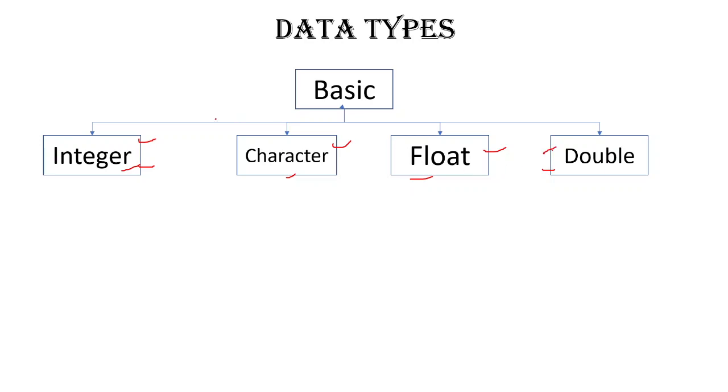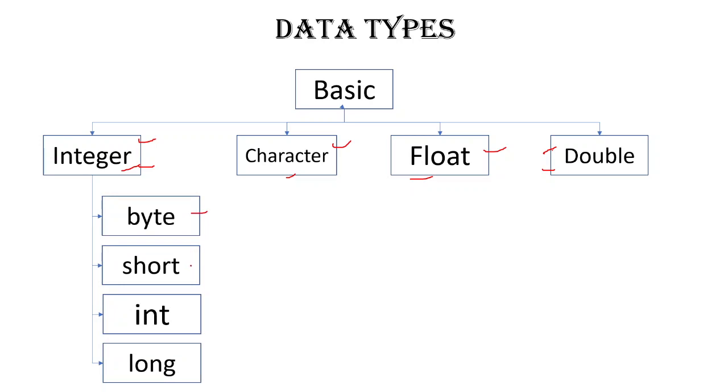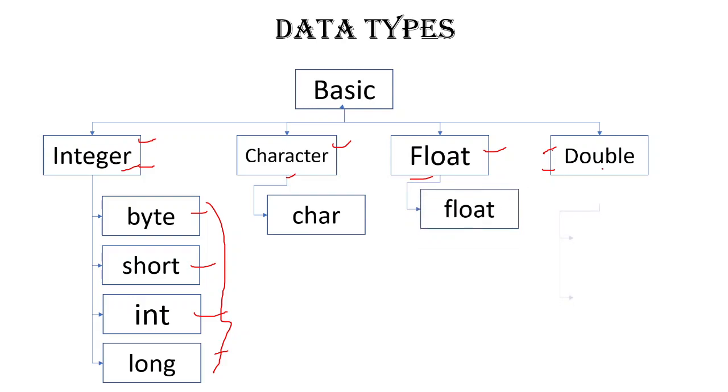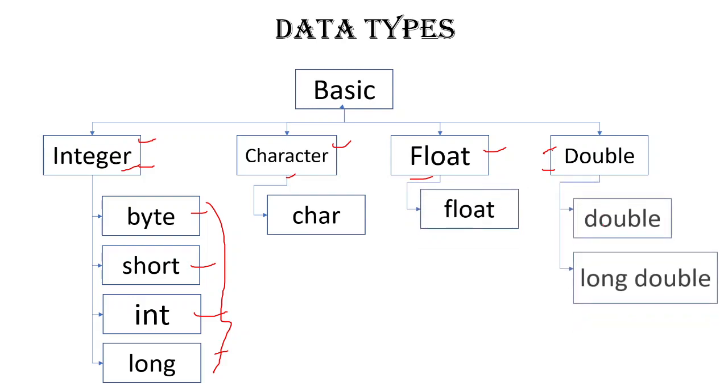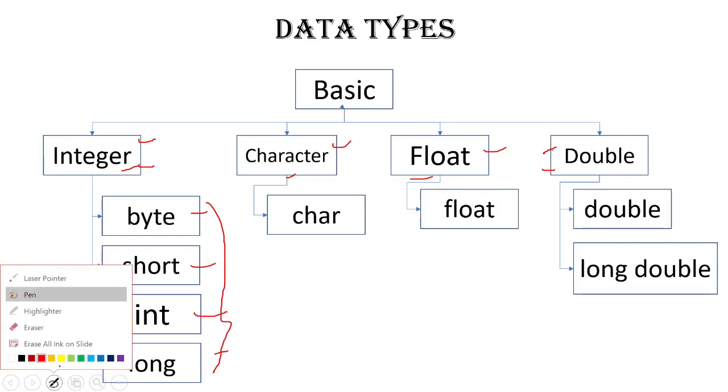For integers there are several reserved words: byte, short, int, and long. Why these four? We'll come to this part, but let me first summarize. For characters it is char, for float it is float, and for double there are two: double and long double.